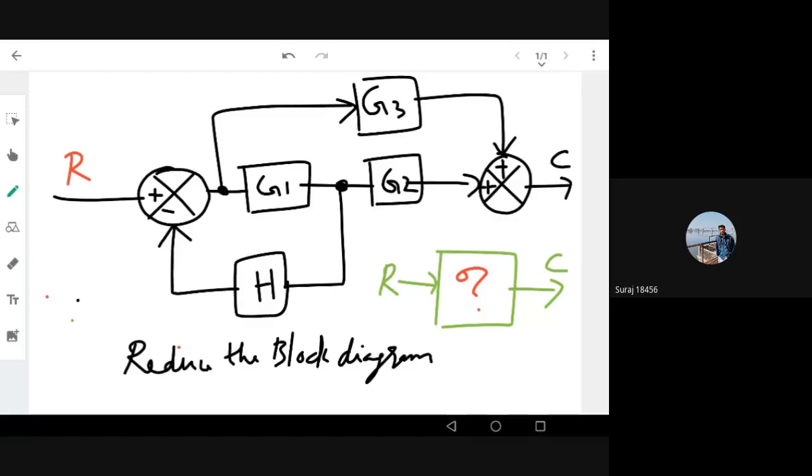Now you know what the gains are? We have G1 and G2, but we have nodes. Nodes are very important. Nodes are in between the signals. So you cannot directly multiply G1 into G2 here. Why? Because there is a feedback loop. So either you need to keep the feedback loop, or this has to move here, or here, and you have to decide.